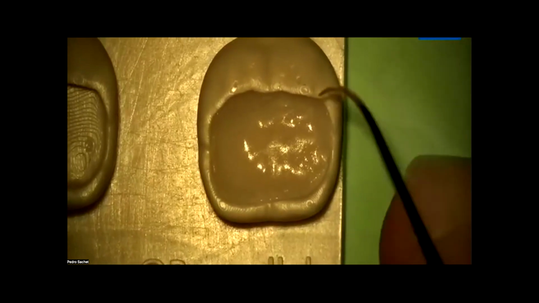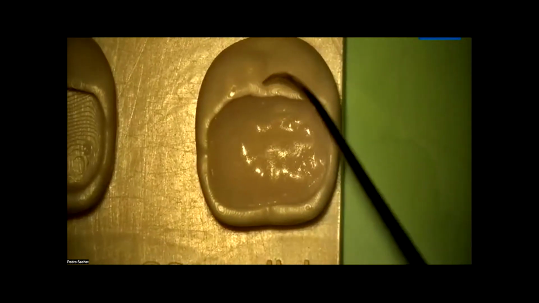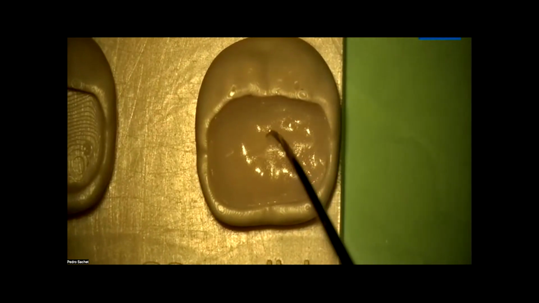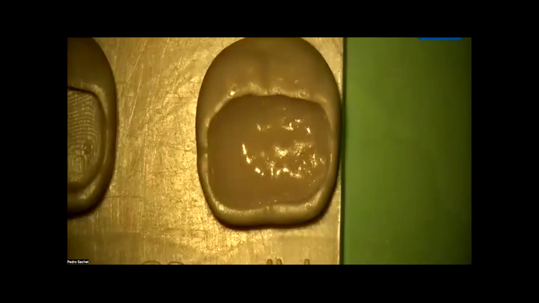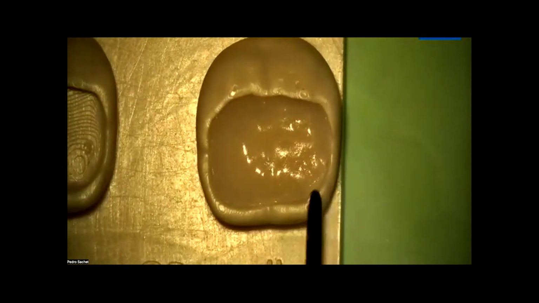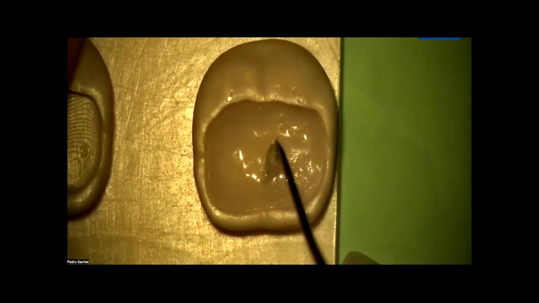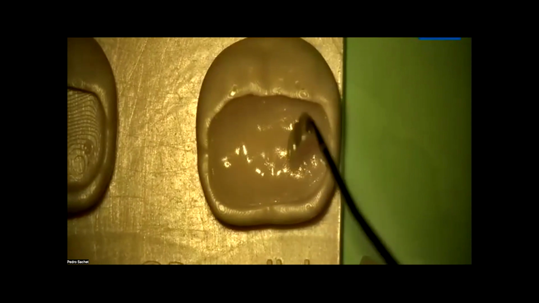I'm going to make the orientation marks. I know that the central fossa of the second lower molar is not in the center. It's a little bit lingualized. So I'm going to divide the two lingual cusps, but I'm not going to use straight lines, because nothing is straight in our teeth.